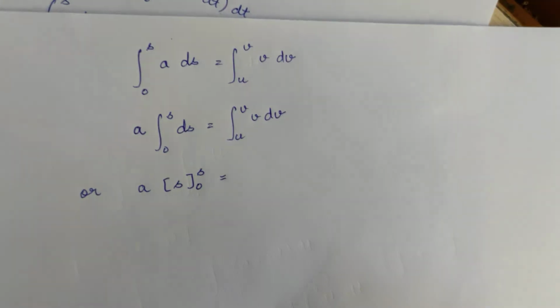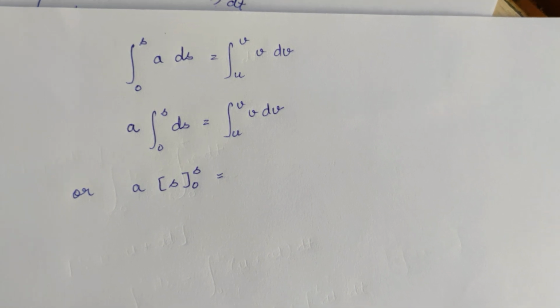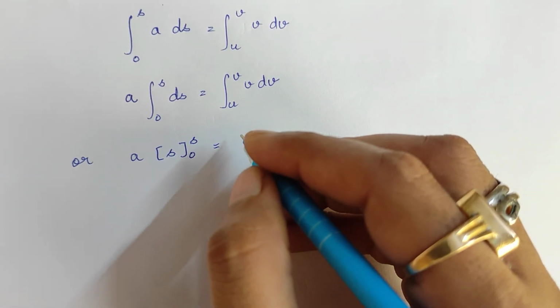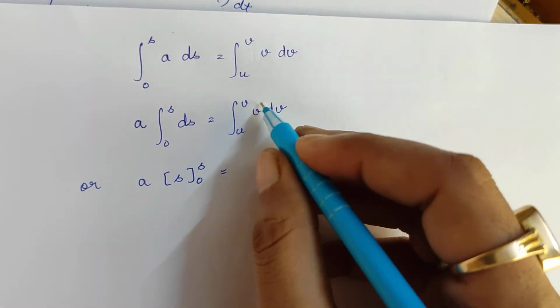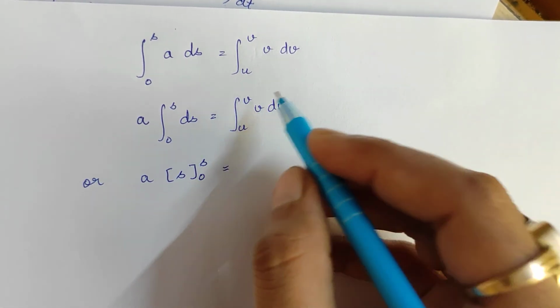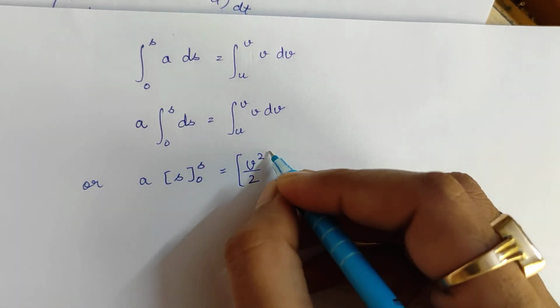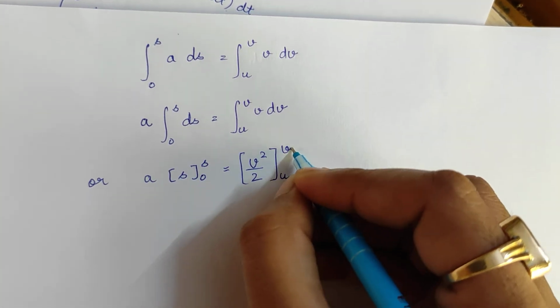And here, using the formula for integration of x raised to the power n, we get x raised to the power n plus 1 upon n plus 1. Here the power is 1, so n plus 1 becomes 2. So we get v square by 2 within limits u to v.